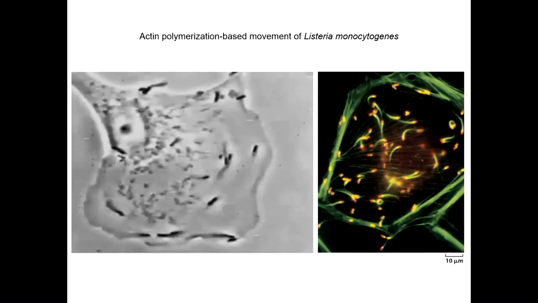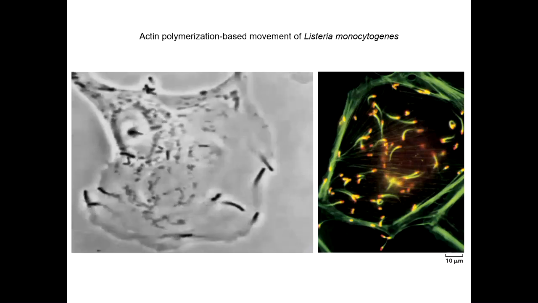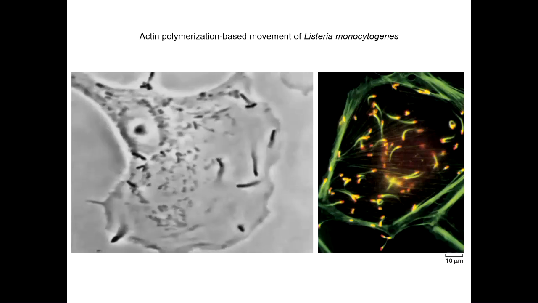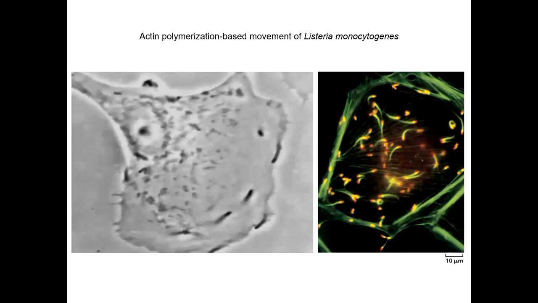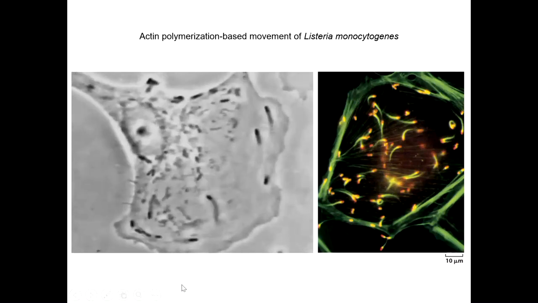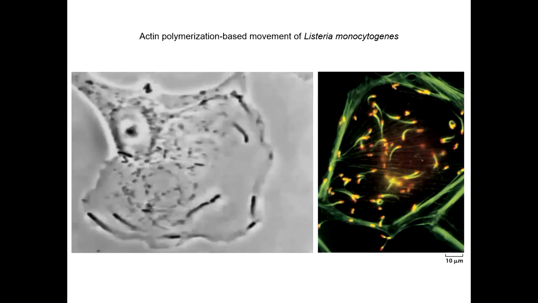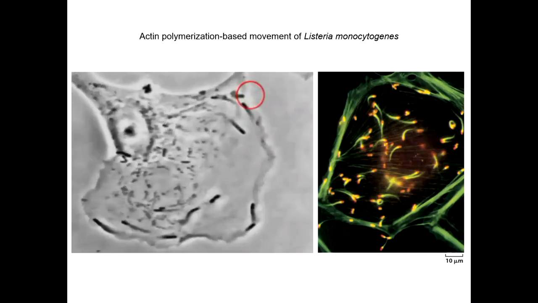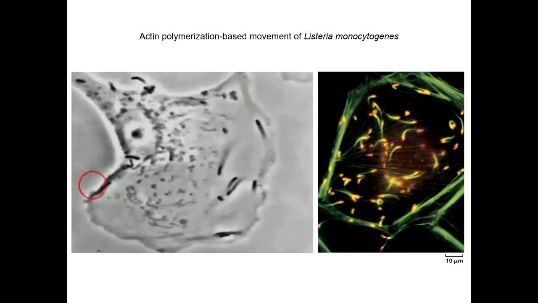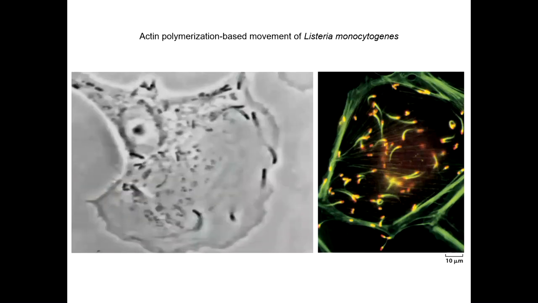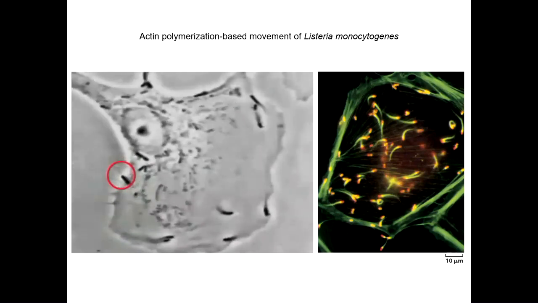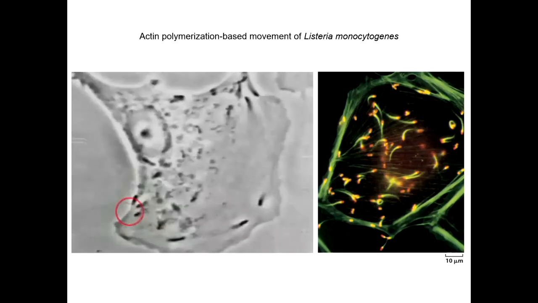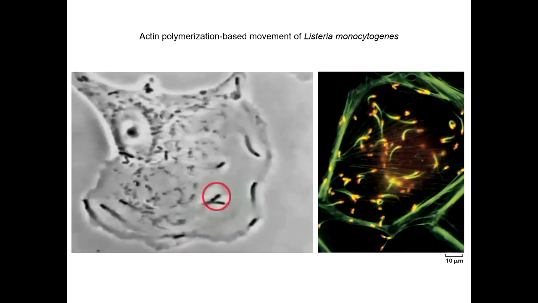This mammalian cell has been infected with pathogenic Listeria monocytogenes. These bacteria move throughout the cytosol by recruiting host cell actin, which polymerizes and pushes them forward, producing a comet's tail in their wake. Whenever a bacterium is pushed into the plasma membrane, it creates a temporary protrusion and is then bounced back to continue its random path. If we look closely, we can see a bacterium divide inside the host cell.